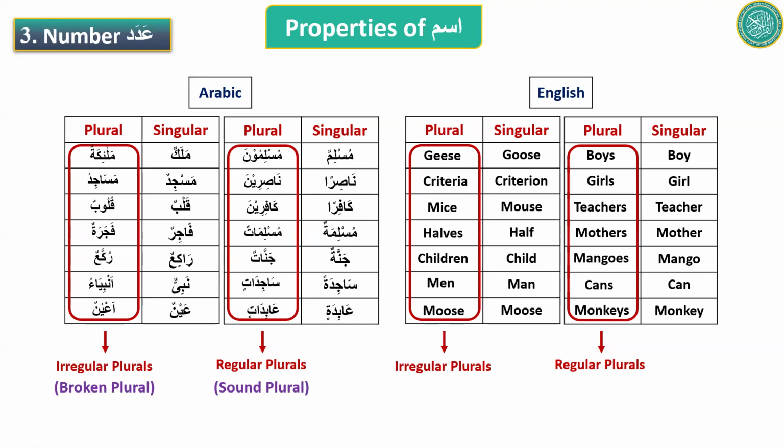So these are the two terms I wanted to define here. Sound plurals are plurals who have one of the four ending sounds, una, ina, atun, or atin. And if you see a plural who do not have any of those four ending sounds, that is called broken plural.